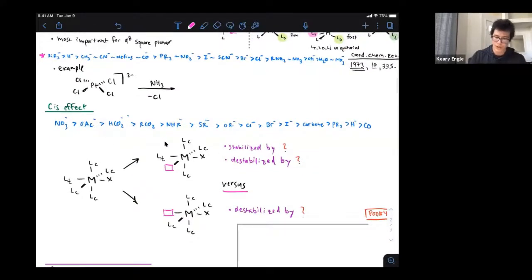Okay, so let's go through one specific example. For anybody who has taken an organometallics class or done a boot camp, this will probably look familiar. So if one considers this tetrachloroplatinate starting material, and then treatment with an equivalent of ammonia, let me see if I can be creative and use this copy paste tool.